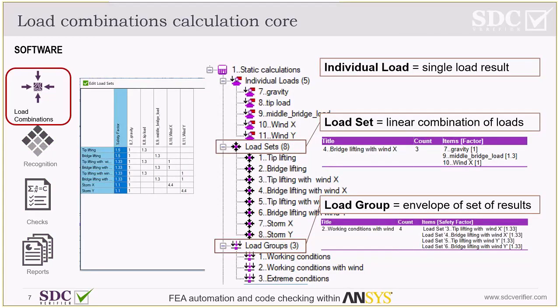The calculation core of SDC Verifier will be explained by Bohdan. We are able to combine single load results into linear combinations and load groups, which show the maximum result over a set of results, and we can combine a huge number of loads automatically.